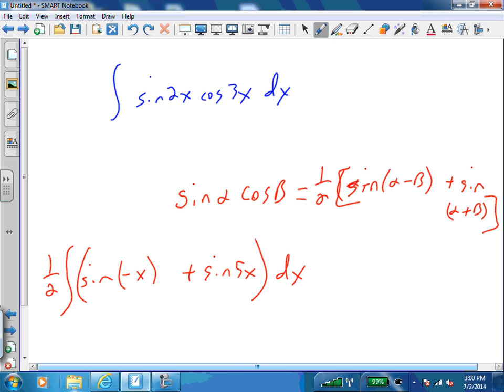Well, both of those are things we can integrate. If we integrate that, we just let u be negative x, so du would be negative dx. When we integrate that, we let u be 5x, so du is 5 dx. So we just do a u-substitution. So that's kind of the other case that we deal with in 8.3.